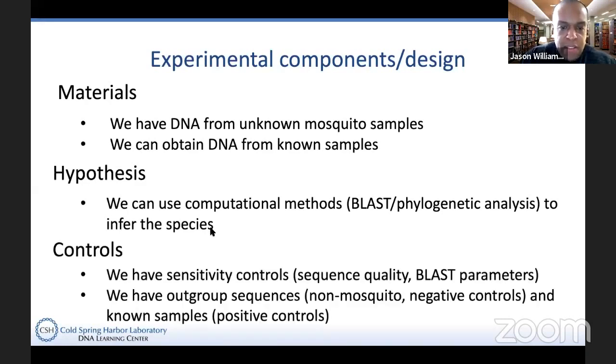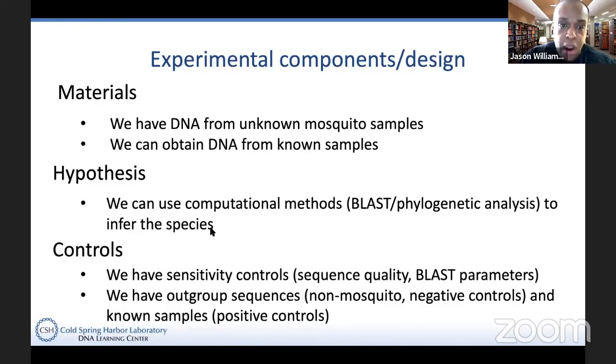And the other thing is that we also have controls. I talked about this a little bit last time, but now it's even more important. So we have these things called sensitivity controls. I'm going to mention positive and negative controls, but I'm going to elaborate on this in a second. The sensitivity controls tell us a little bit about our experiment and our ability, in reality, to measure something that we hope to measure.